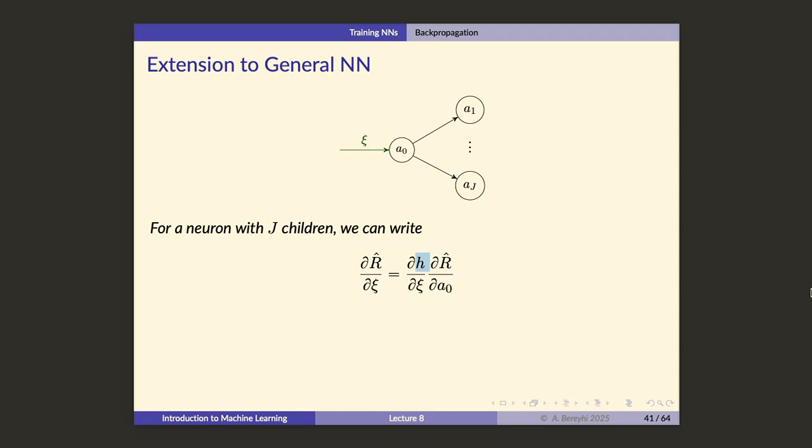Should I stop? No, I should keep on going. Till when? Till all the neighbors are included, right? So it's going to be the derivative of the loss with respect to aJ times the derivative of aJ with respect to a0, right? So you are going to look at every single neighbor that you have.